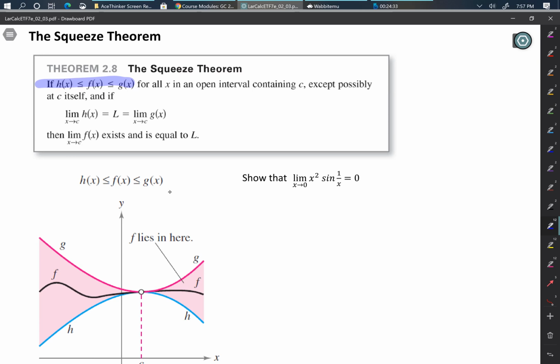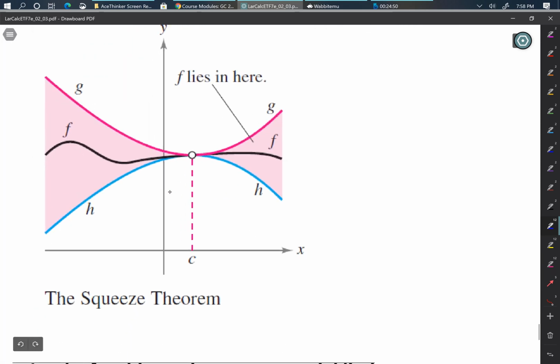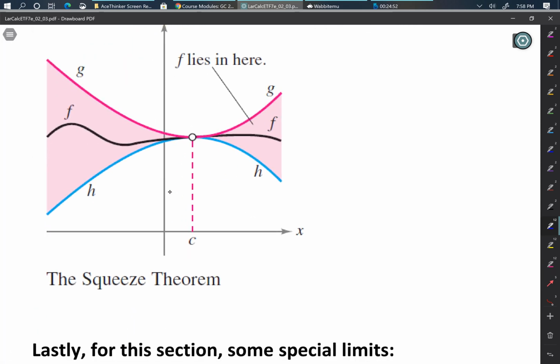Okay? And then you can find some place, some c value, where you can make the bottom one and the top one squeeze together. Where does the middle one have to be? Now, the Squeeze Theorem, also sometimes called the Sandwich Theorem, is best shown in a graph. So you've got the small one down here, you've got the big one up here, and there's the middle one.